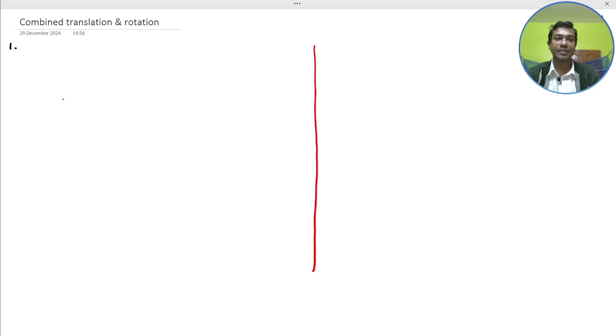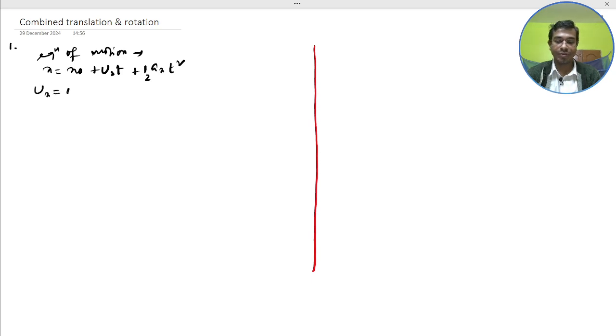The equation of motion written here: x equal to x naught plus uxt plus half axt square. Basically, vx is equal to ux plus axt.